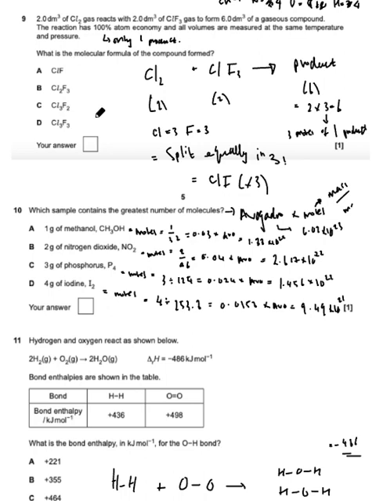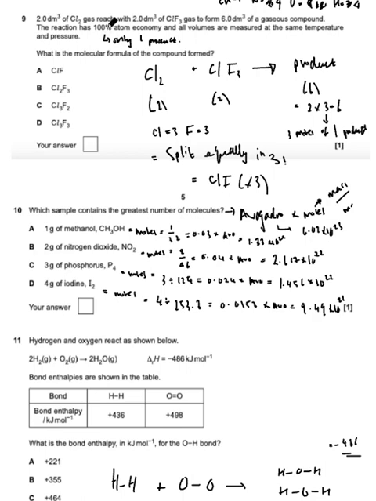Right. 2 decimeters cubed of Cl2 gas reacts with 2 decimeters cubed of ClF3 gas to form 6 decimeters cubed of gaseous compound. The reaction has 100% atom economy and all volumes are measured at the same temperature and pressure. What is the molecular formula of the compound formed?